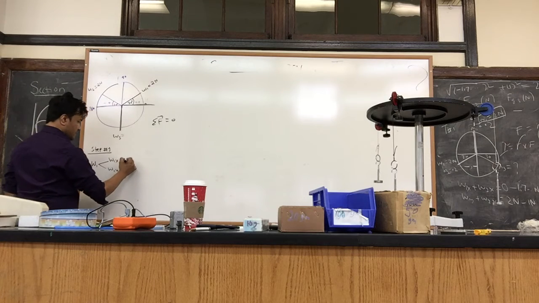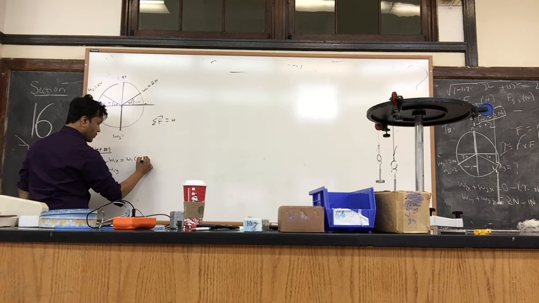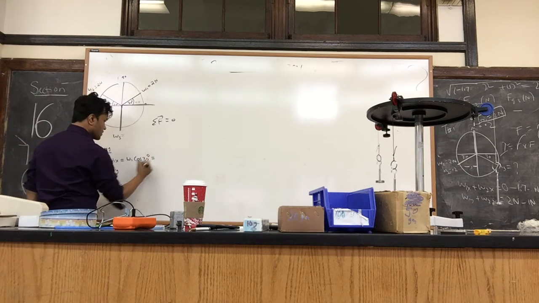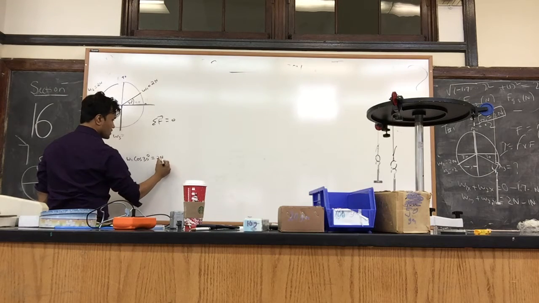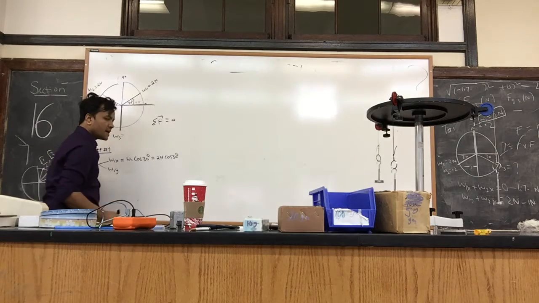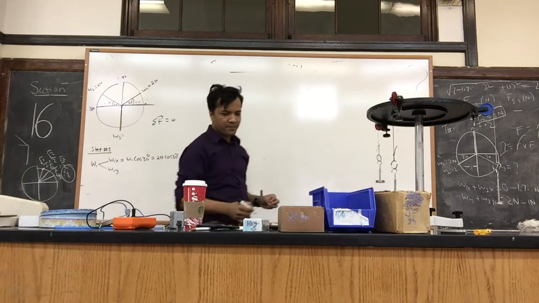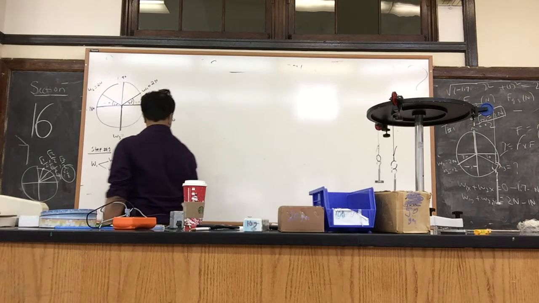So we're going to write W1x equals W1 cosine 30 degree, which is 2 Newton cosine 30 degree, and that is 1.73 Newton.